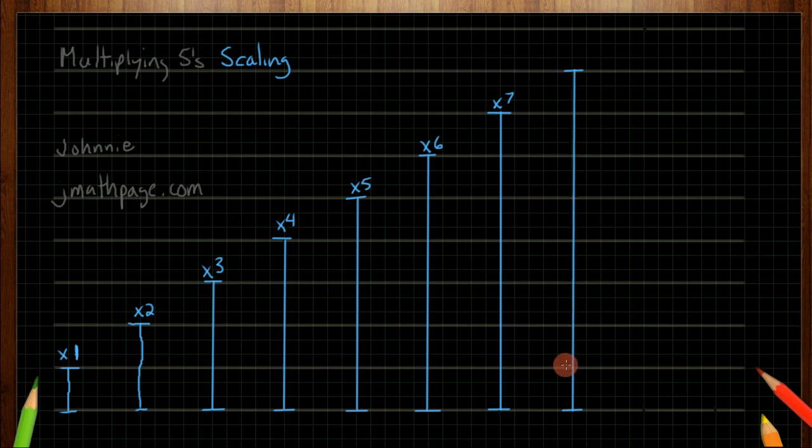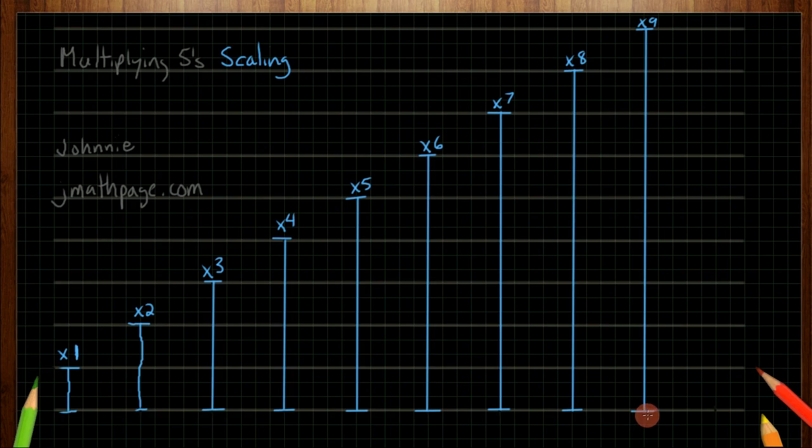So this line here is 8 times as tall as the first measure. 1 more. Start here. 1 measure, 2, 3, 4, 5, 6, 7, 8, 9 measures tall. That's the tallest of all, isn't it? So it's 9 times as tall as the first measure.